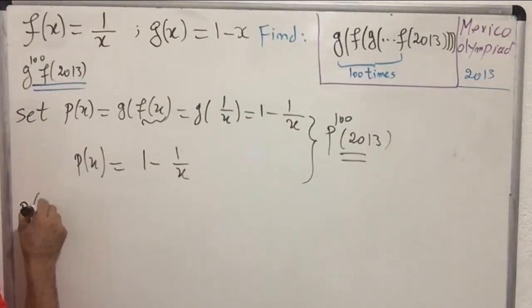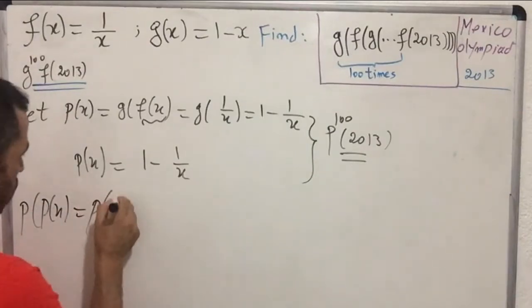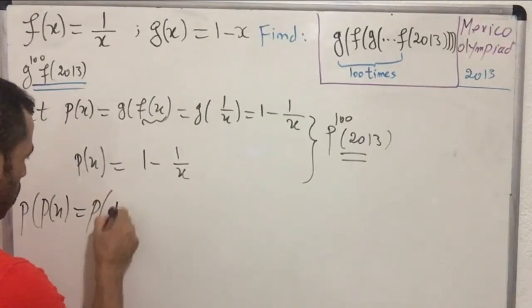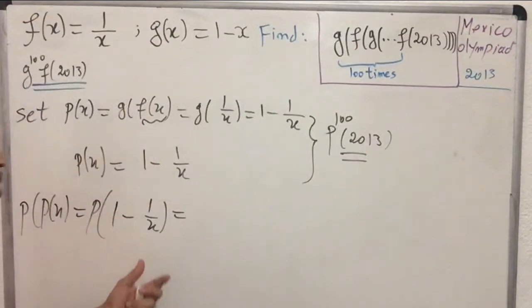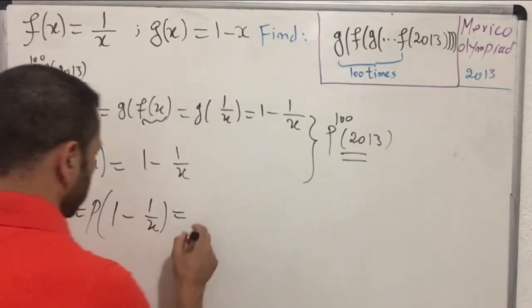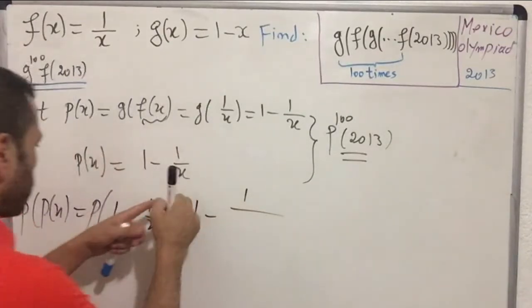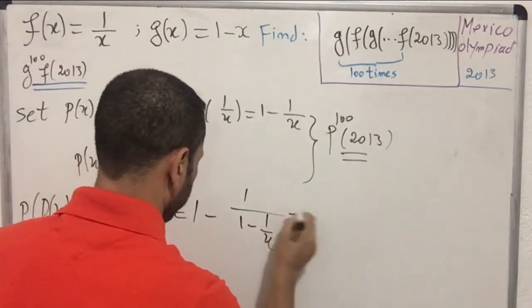P of x is the original function, and I'm going to replace x by this one: 1 minus 1 over x is composed with itself. So it's giving us 1 minus 1 over 1 minus 1 over x.